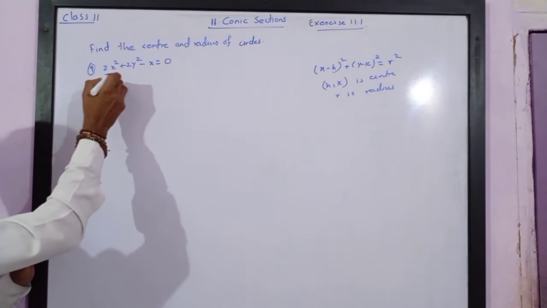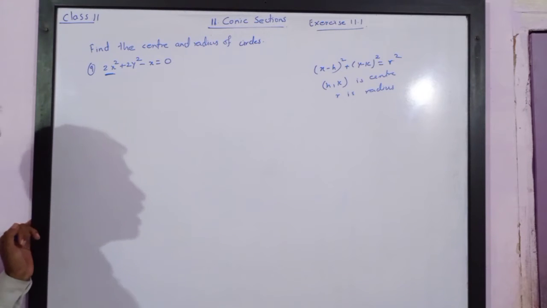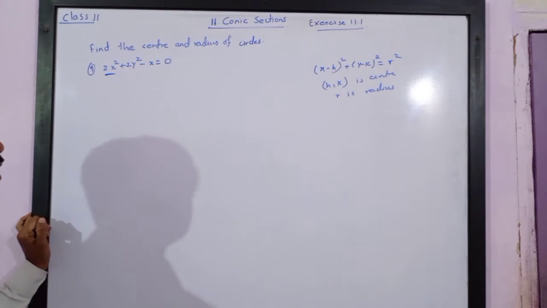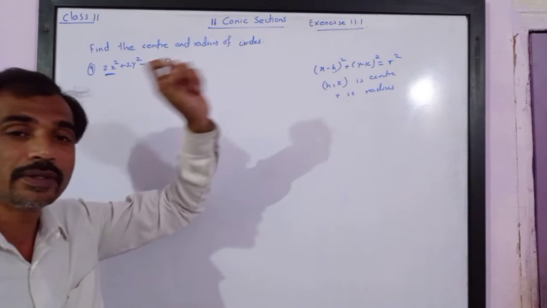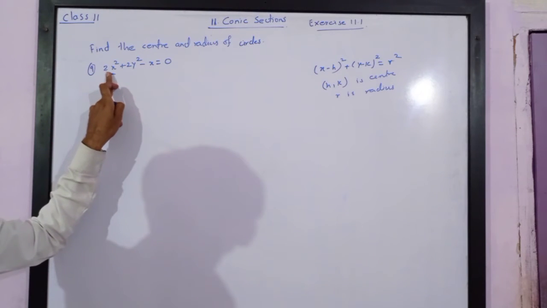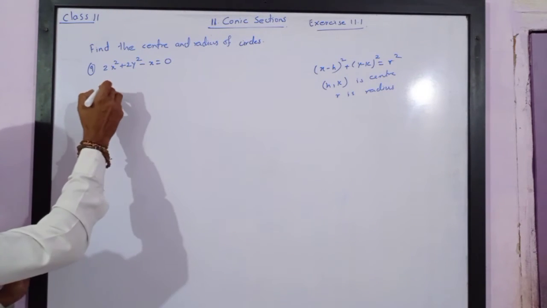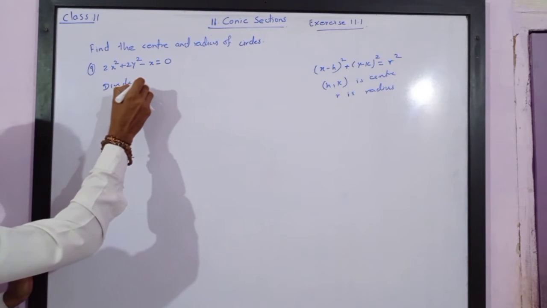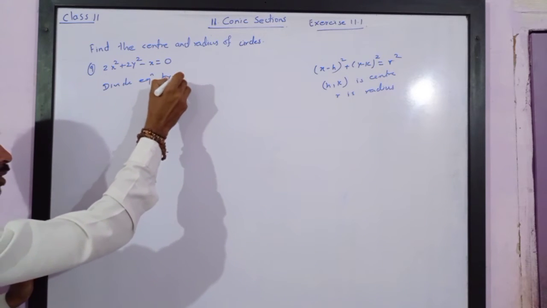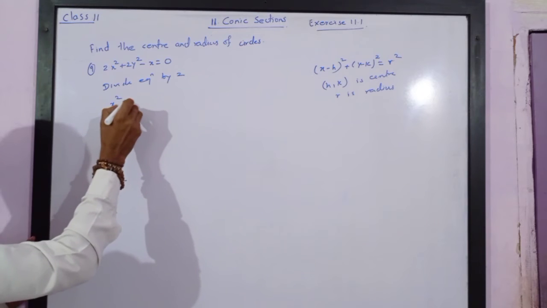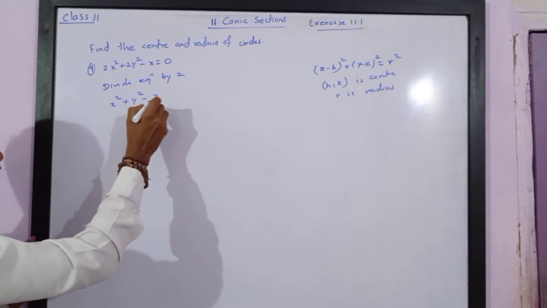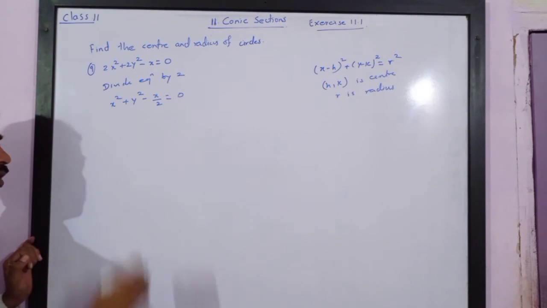Please note here x square is having a multiplier. So we don't want any multiplier to the x. So first divide the equation by 2. So we will get x square plus y square minus x upon 2 is equal to 0.